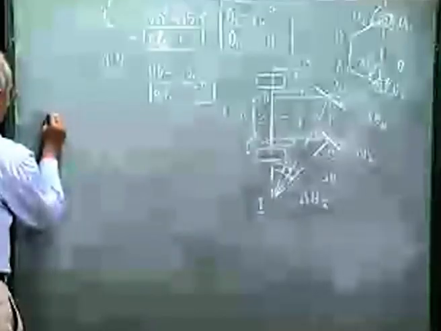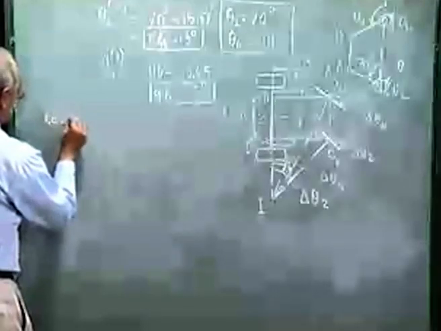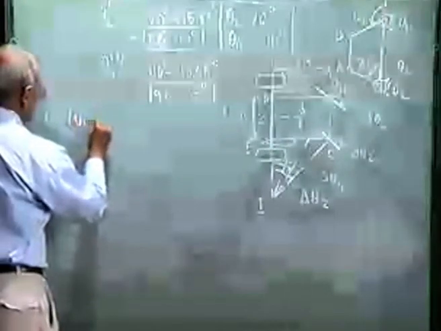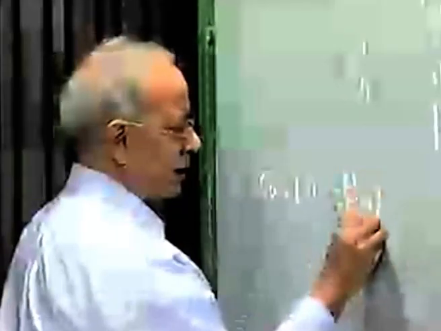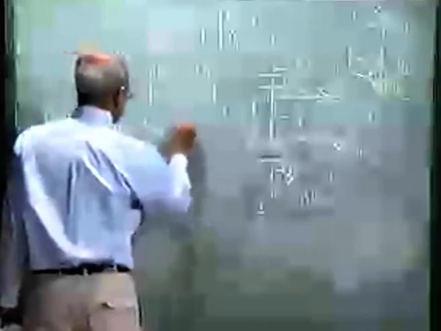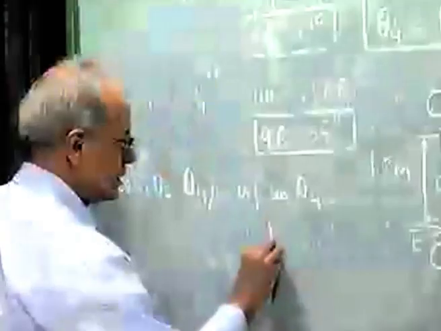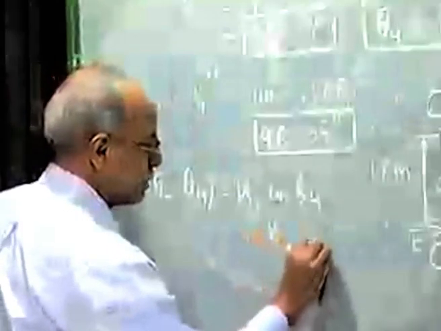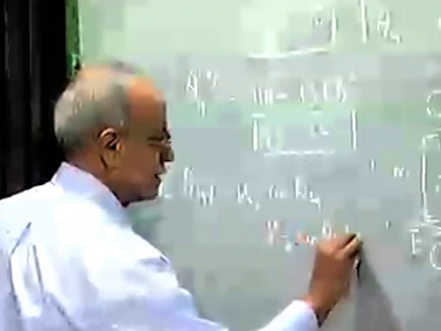So we write the coordinate equation: cosine of theta 2 minus theta 4 is K1 cosine theta 4 minus K2 cosine theta 2 plus K3.